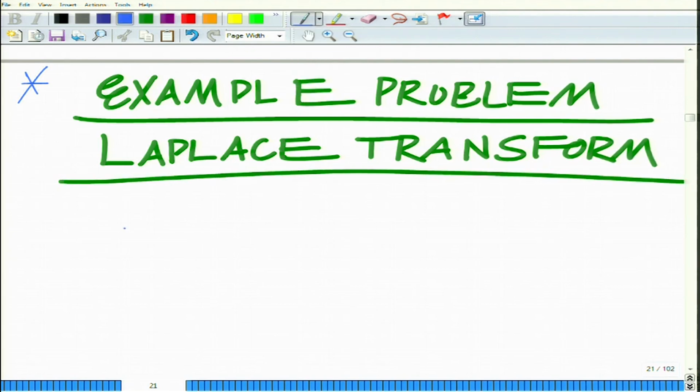The problem is the following. This is problem number 7. Consider the RL circuit that is given below.